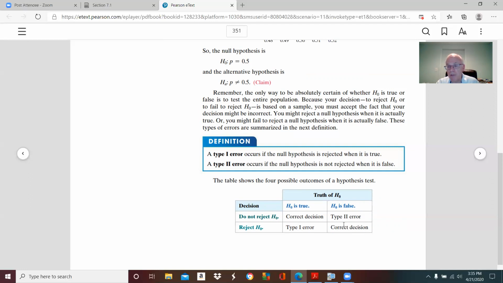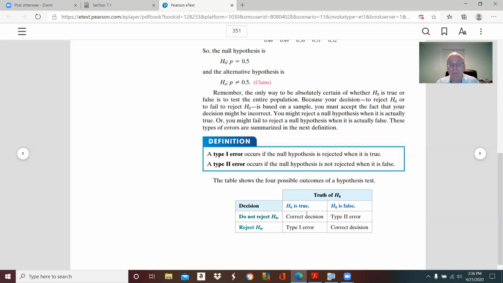Well, then we made the right decision, haven't we? It's the correct decision. If we reject the null hypothesis and yet the null hypothesis is true, well, that's what this statement says up here. That's a type 1 error. We reject the null, and yet the null is actually true. There's an error made. That's the type 1 error.